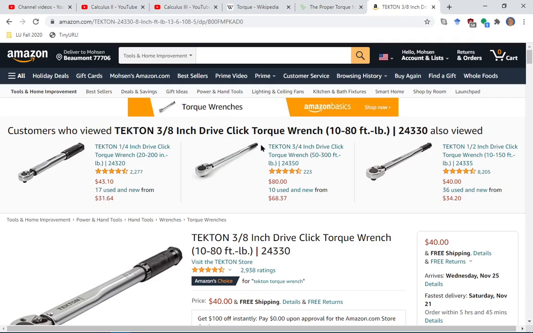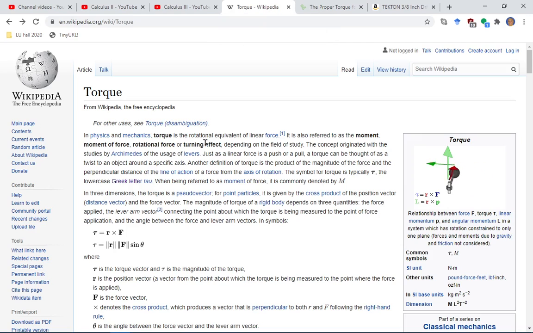So two issues come up. One is how long is the arm of this wrench, and of course how much force you're going to apply, and so on. So let's go back and take a look at the applications that we have in mind.